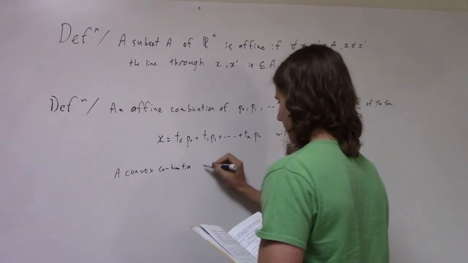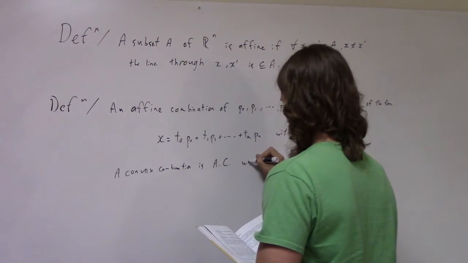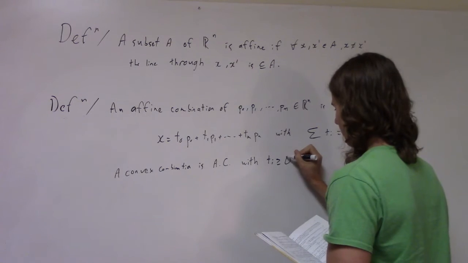And a convex combination is an affine combination with each of these ti's being greater than or equal to 0.